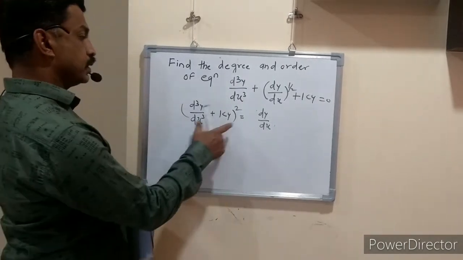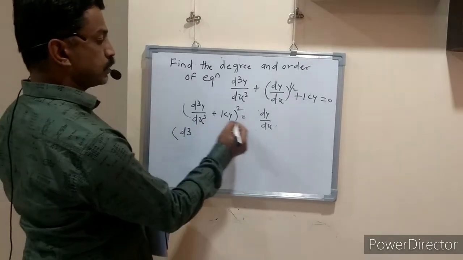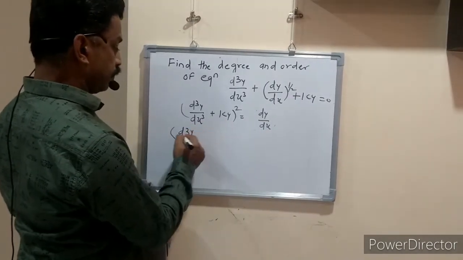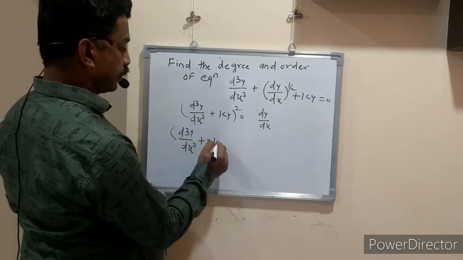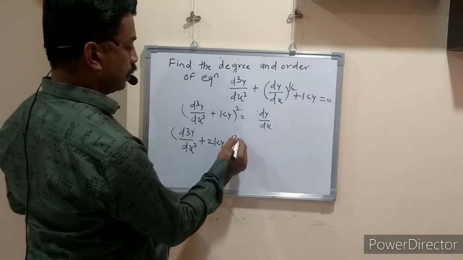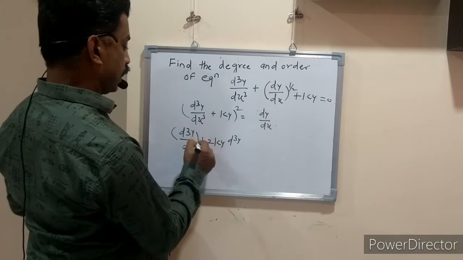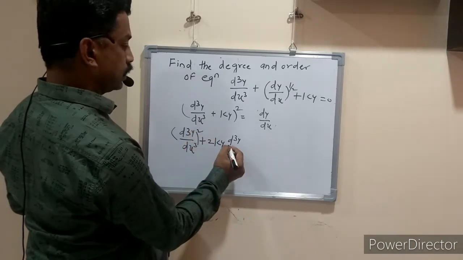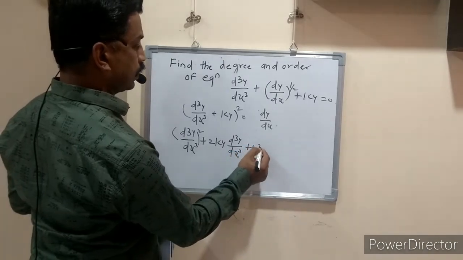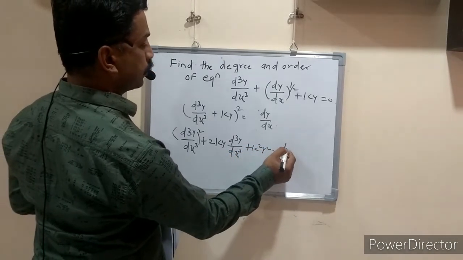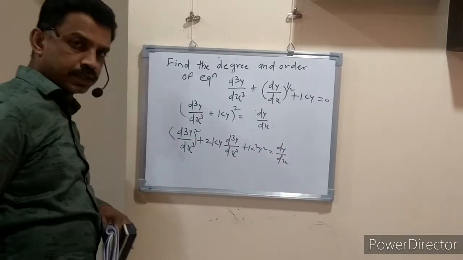Now we can simplify this like a plus b bracket square: d3y by dx cube square plus 2 ky d3y by dx cube plus k square y square equal to dy by dx. Now this is the rationalized equation.